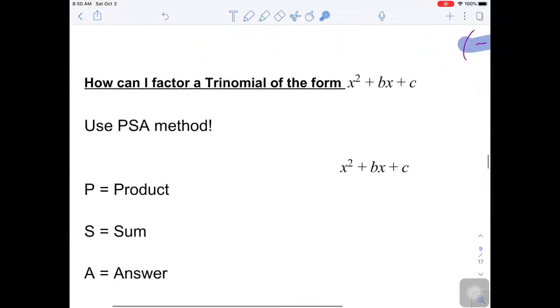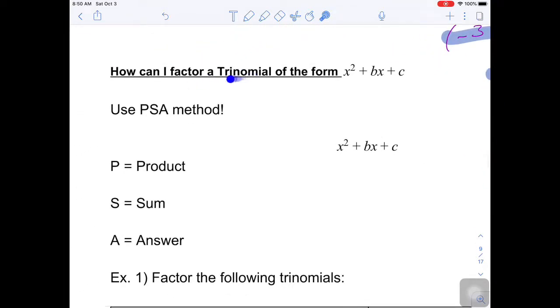So how do we factor trinomials of the form x squared plus bx plus c? Recognize we're just dealing with x squareds that have a positive 1 coefficient, because if nothing's in front of it, you can assume it's 1. So how do I factor this into a form like x minus a, or x plus d?